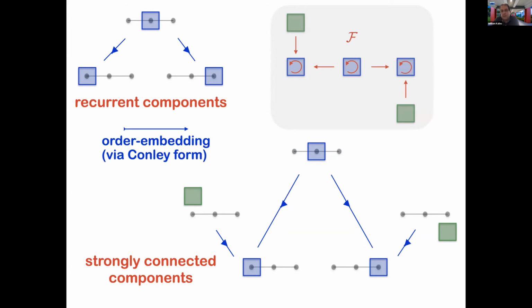And then the other 3, the blue ones, they have an edge, right? They have a self loop. So we distinguish between the strongly connected components that have no cycles in them, no self loops, or not contained in a cycle, versus ones that are cyclic, that have some sort of self loop or are on a bigger cycle. So we call the ones that are on a cycle the recurrent components, and then all of them are the strongly connected components.